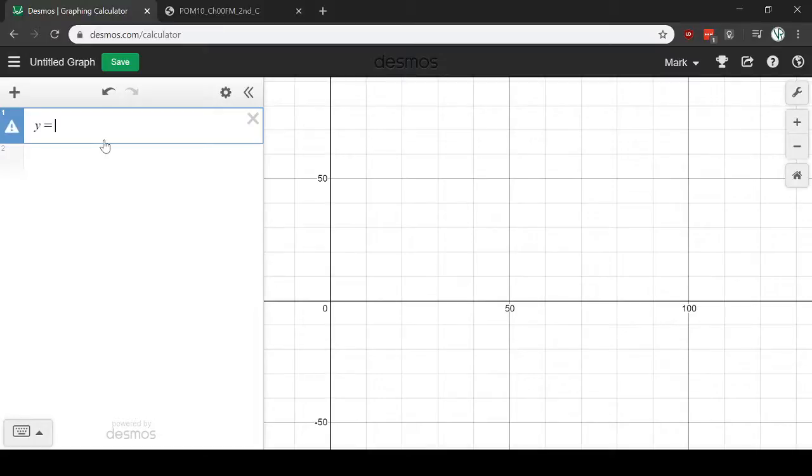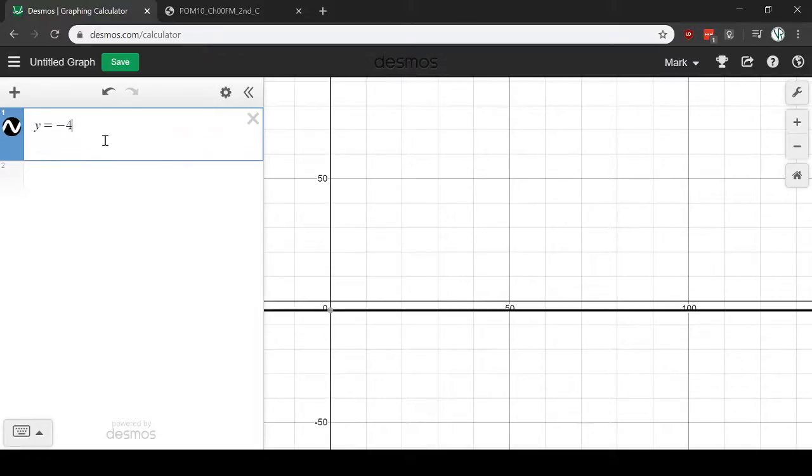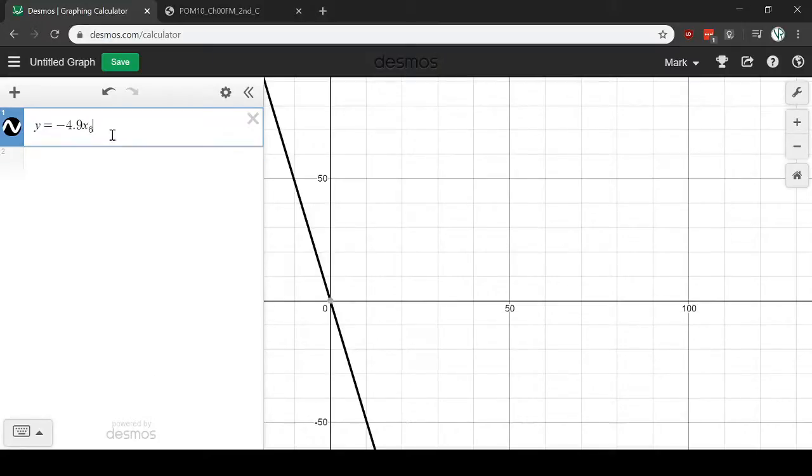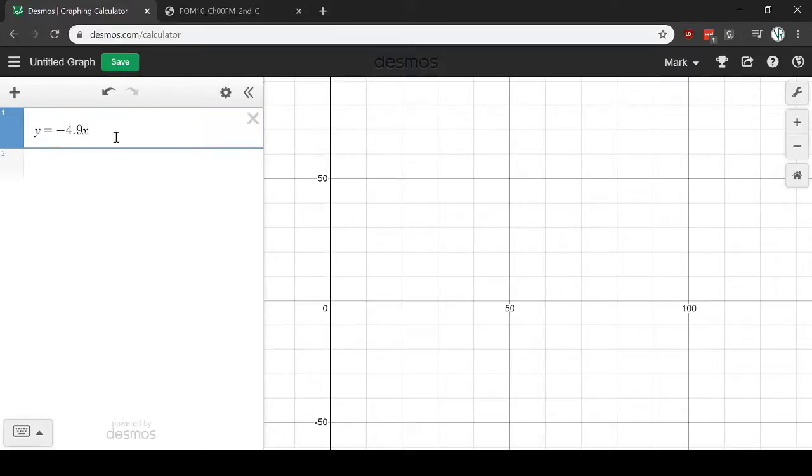Y equals negative 4.9 x instead of t to the power of 2 plus 19.6 x plus 0.4.